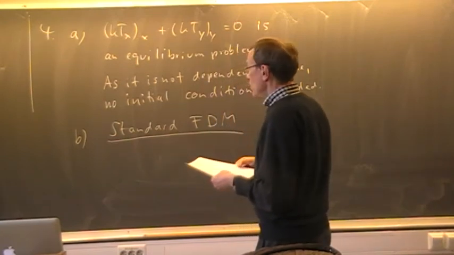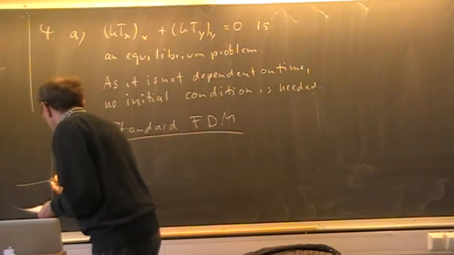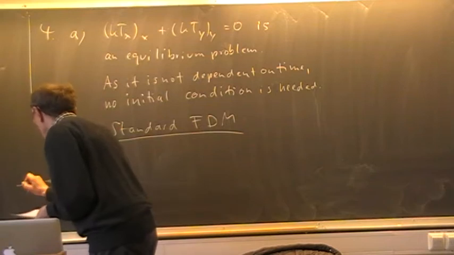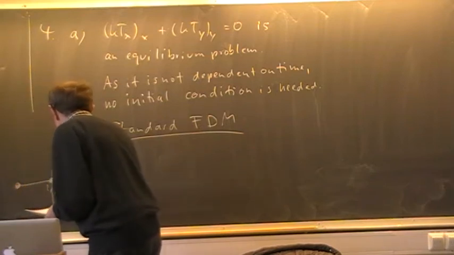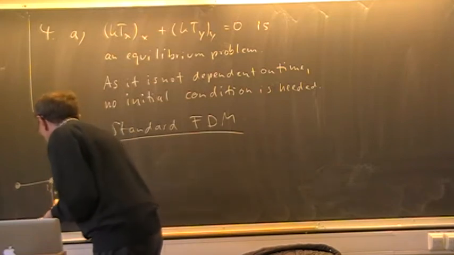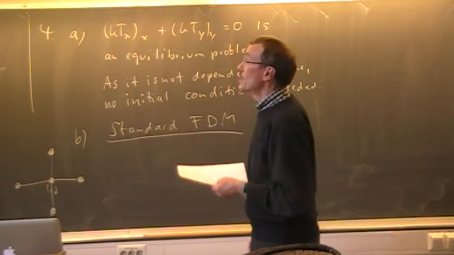So remember, what we do is we have our grid points ij, and we have the left neighbor i minus 1, the right neighbor i plus 1, the northern and the southern. So these are then involved when we do the discretization.